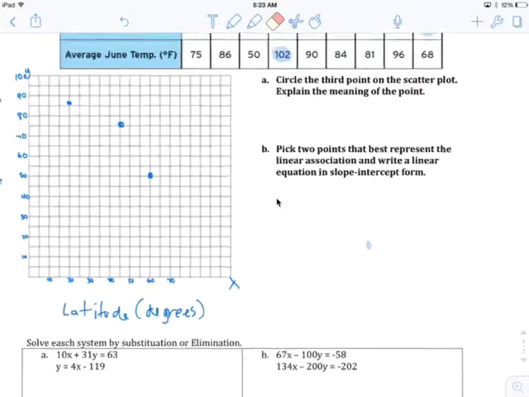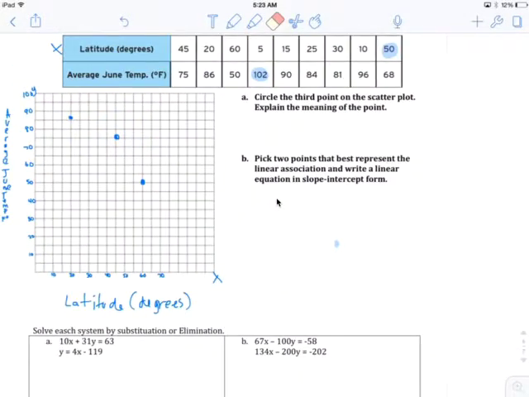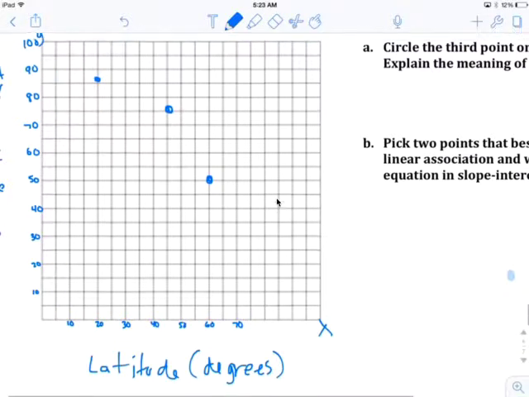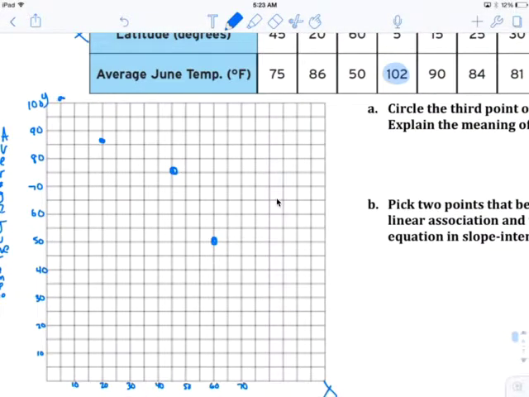Okay, and then 5 degrees latitude is 102. Up to 100. 102 is way up here.